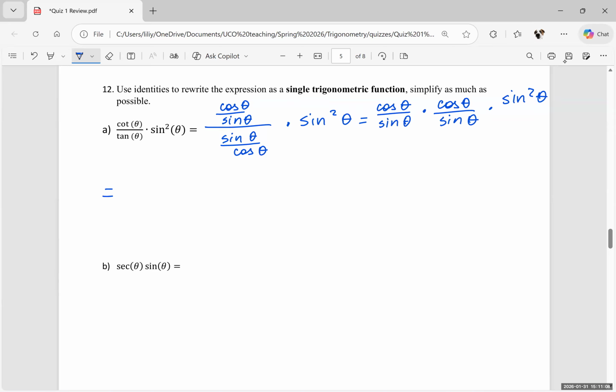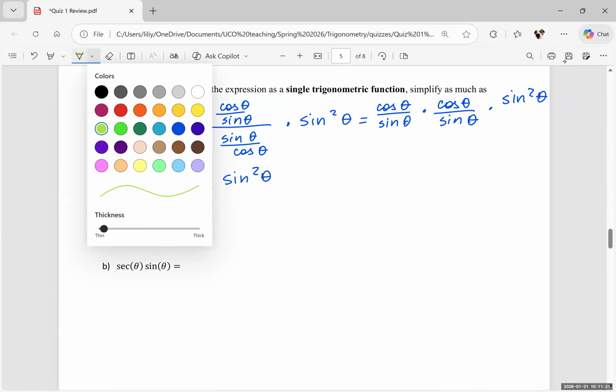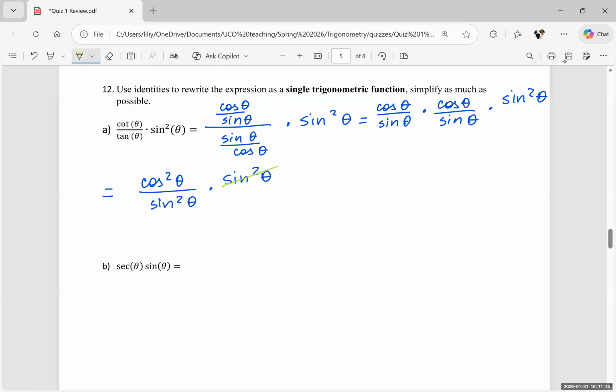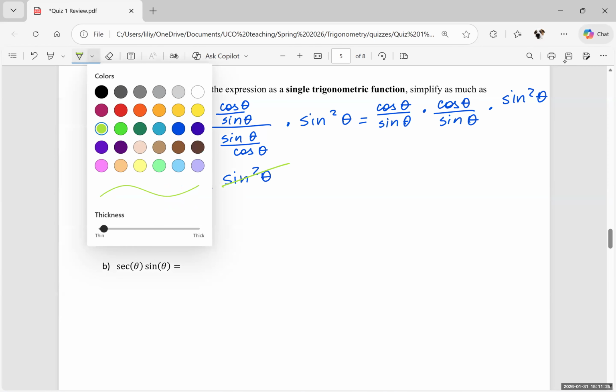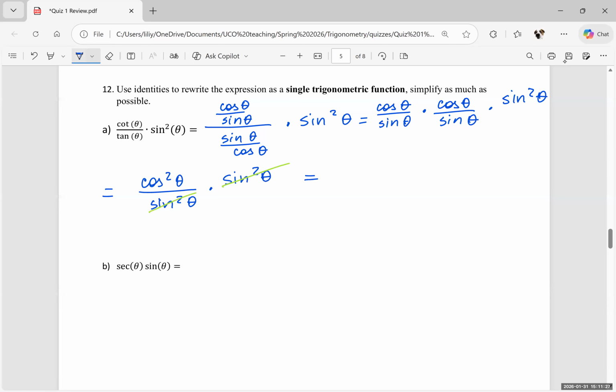So on the top, cosine times cosine, that's cosine squared theta. On the bottom, sine times sine, that's sine squared theta, times another sine squared theta. Those two will cancel, leaving you with just cosine squared theta. Single trig function, you're good.